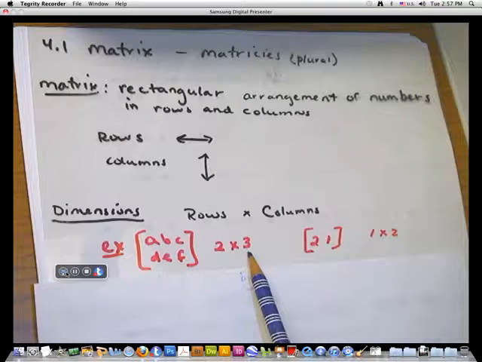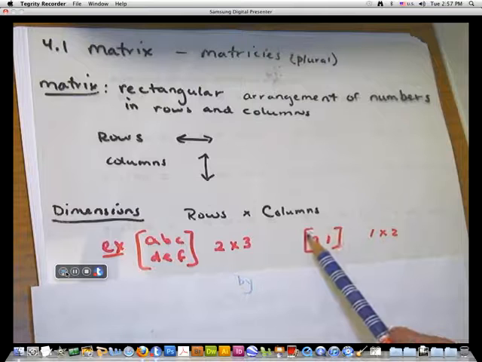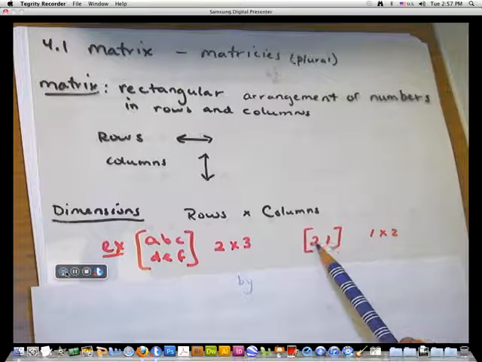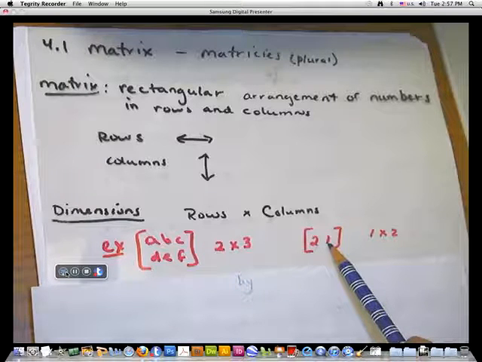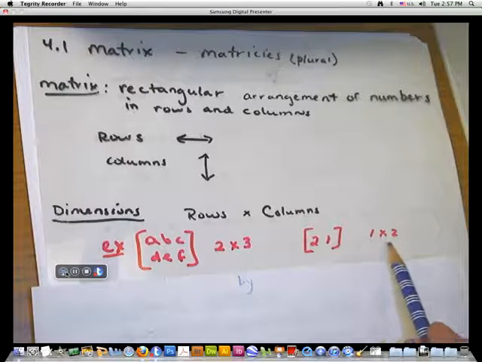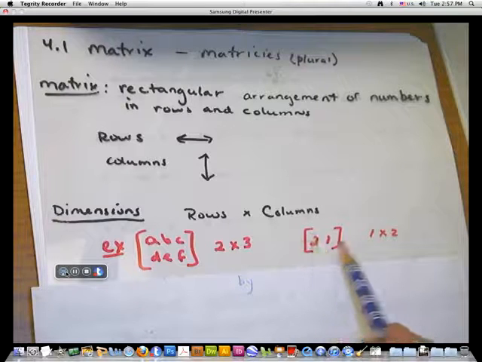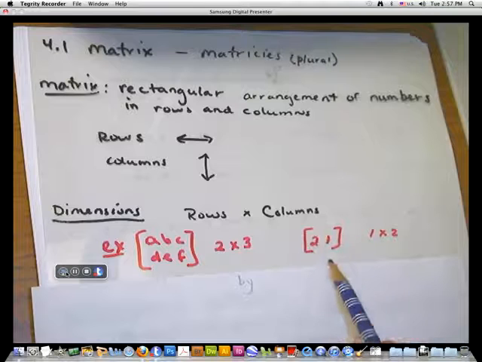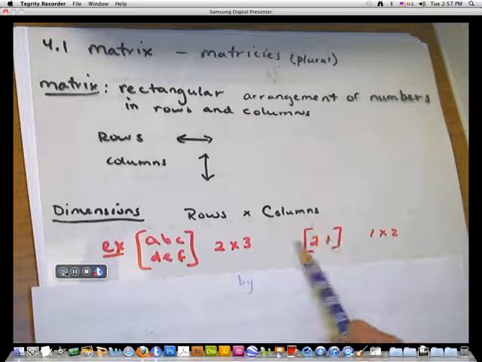Over here, inside of this matrix, the elements are 2 and 1. We would say its dimensions are a 1x2 because there's 1 row going across, and then there's 2 columns. So it's a 1x2.